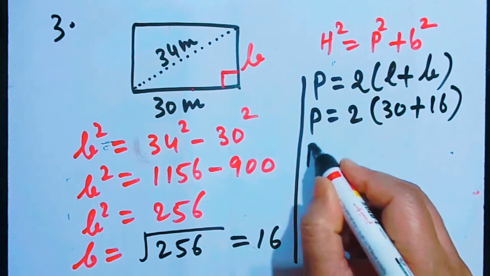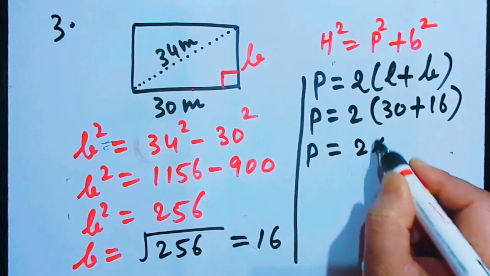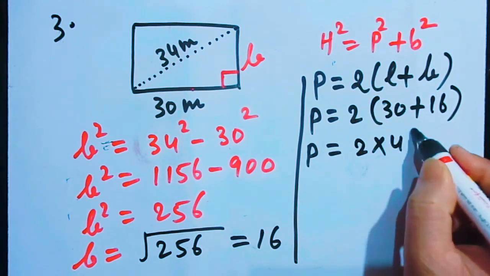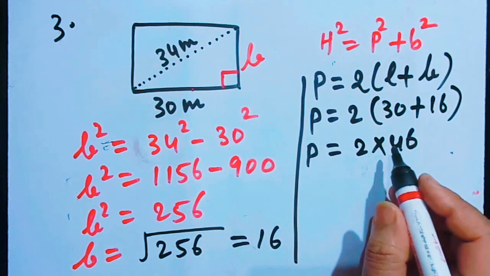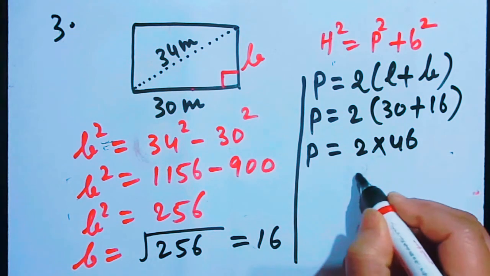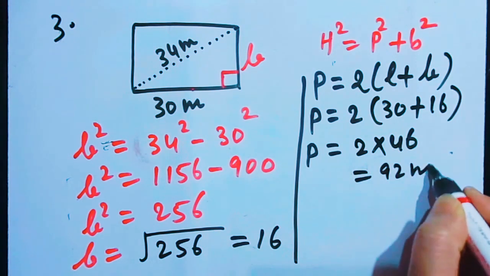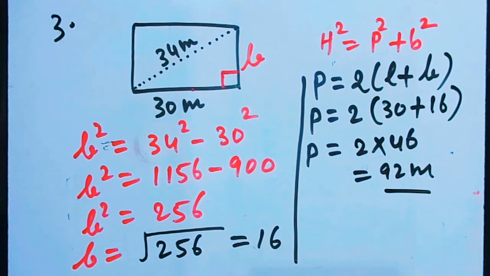So perimeter will be equal to 2 times 46. So my dear, 2 times 46 will be equal to how much? It will be equal to 92 meter. So this is what they had been asking.